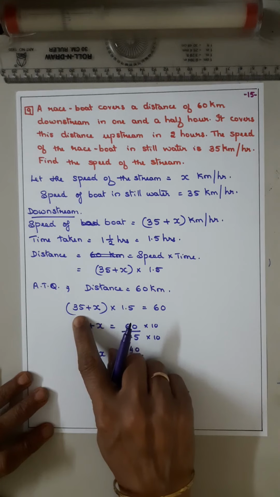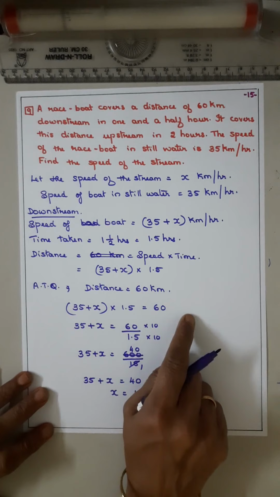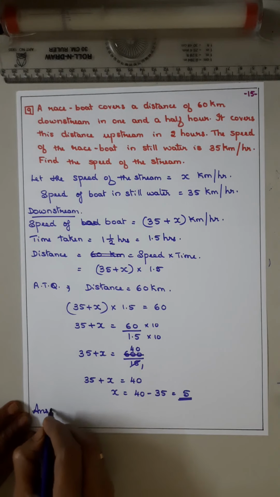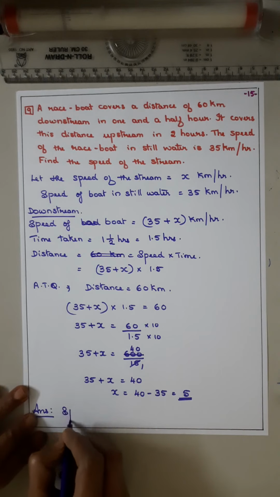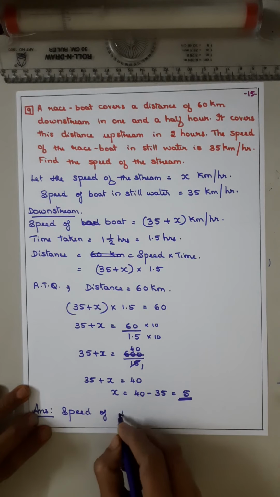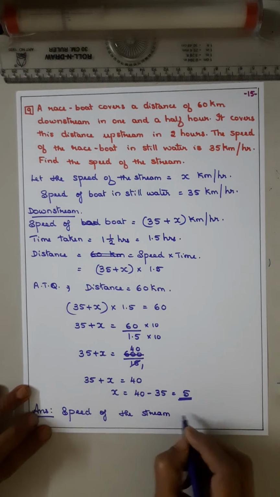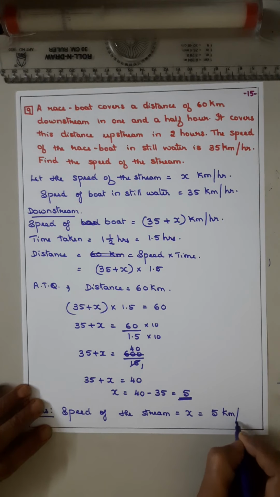So speed is 35 plus x and time is 1.5, equal to 60. So, the answer x is what? The speed of the stream, that is x, is equal to 5 kilometer per hour.